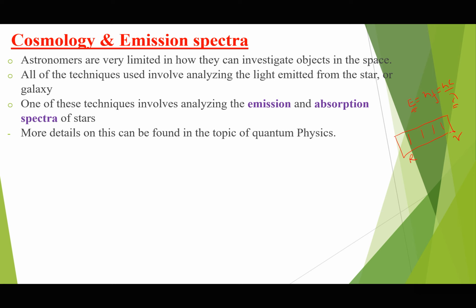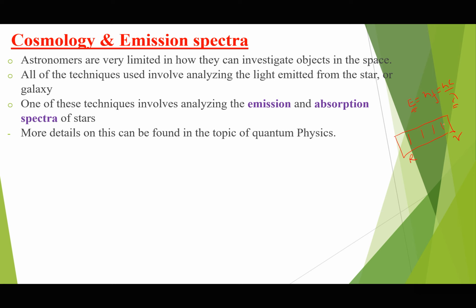So these lines correspond to wavelengths which have been absorbed by electrons to be promoted to higher energy levels in atoms of gases or cooler layers of gases, so that they do not appear as wavelengths, but instead appear as darker lines on a bright screen or on a white background.